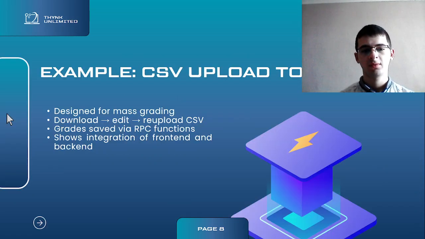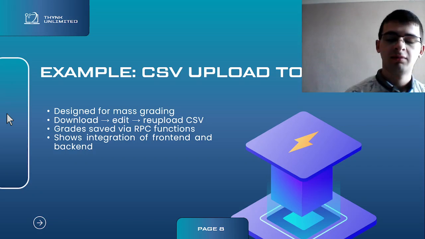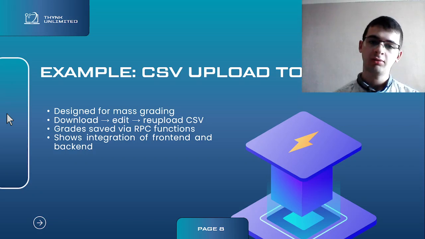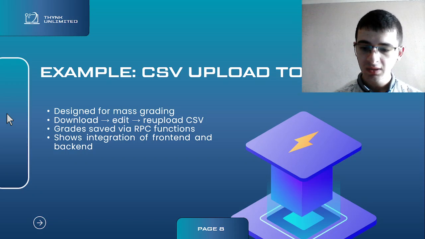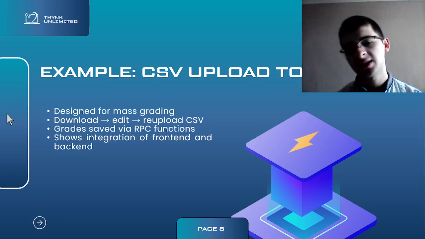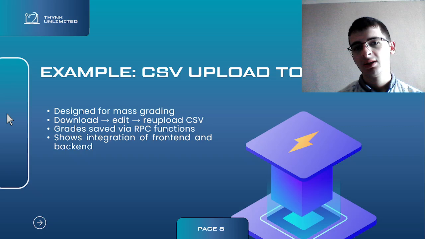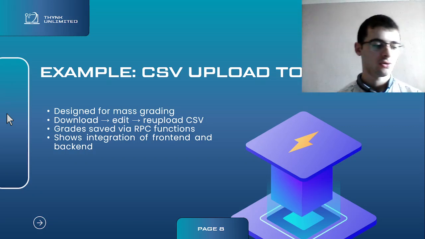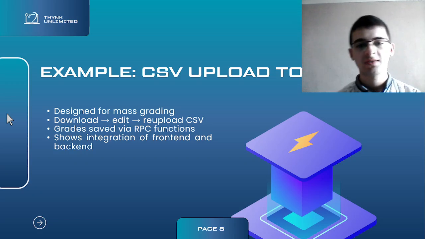One of the examples I mentioned before was the CSV download and upload tool. As I said, it was mainly for convenience of the professors, because not all of them can use web as comfortably, especially when UI can seem arbitrary. They are much more used to having .xlsx files or CSV files.